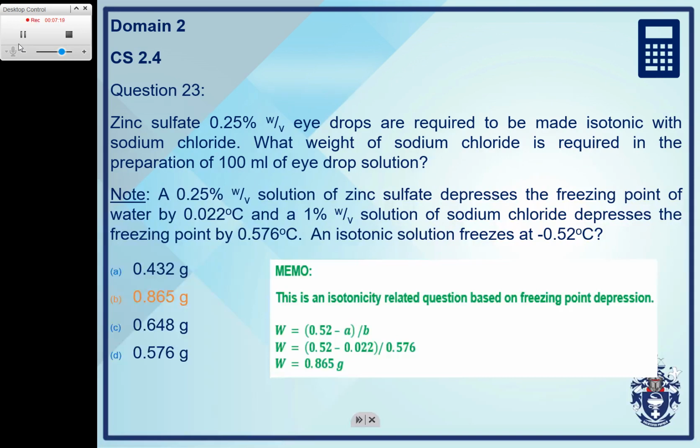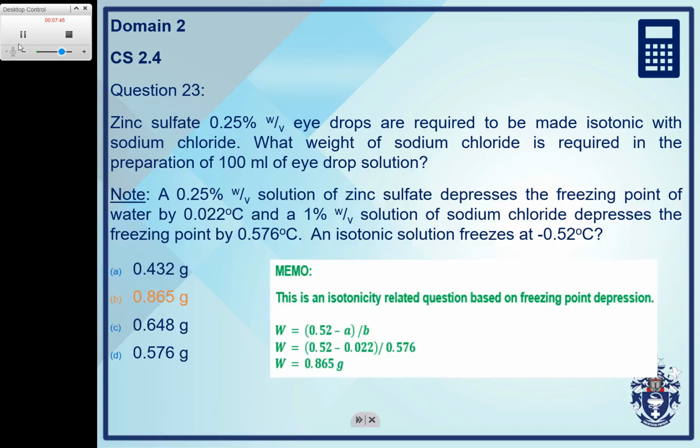Now, before you start using this formula and do the calculation, you need to know what the symbols stand for. Let's start off with the A. The A will be the freezing point depression of the solution at hand, and B will be the freezing point depression of a 1% weight per volume solution of your adjusting substance.